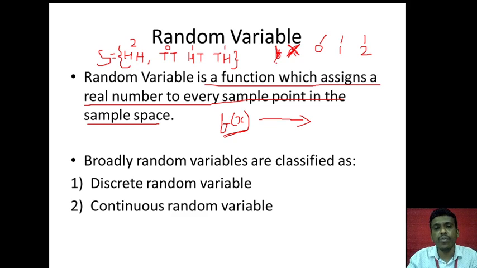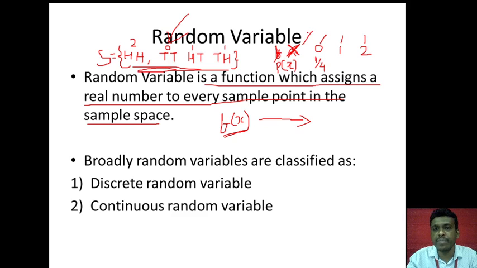And if you find out the respective probabilities for them, what is the probability that 0 heads will come up? In this experiment, 0 heads, see here, sample space, there is only one such possibility. So you have 1 upon 4, total number of outcomes are 4. So n of A upon n of S. N of A is 0 number of heads.